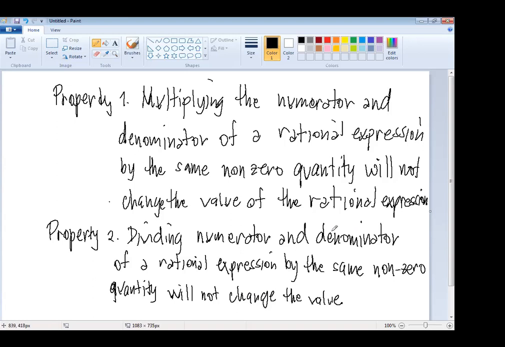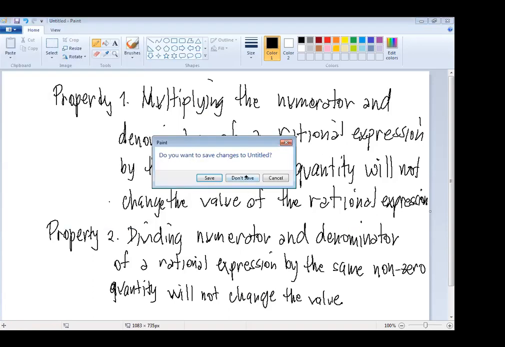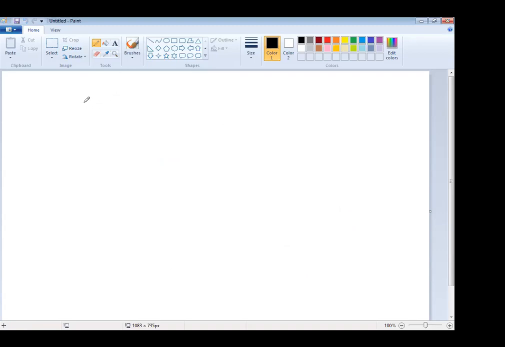So when you factor out the same number from the numerator and denominator, the value will not change. For example, we have 6 and 15.